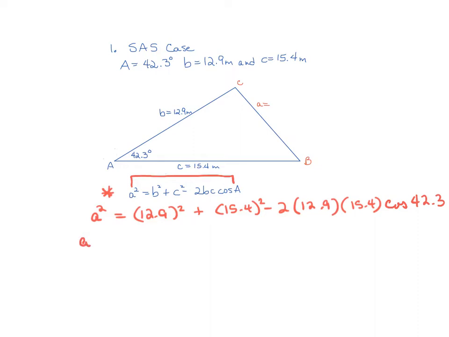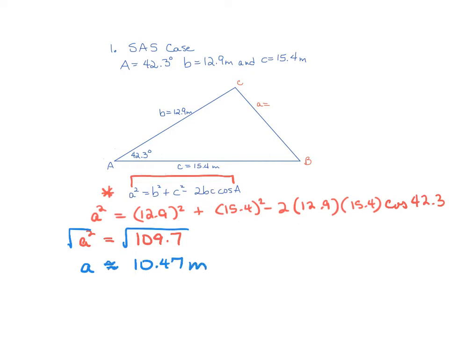I would get a squared equals 12.9 squared plus 15.4 squared minus 2 times 12.9 times 15.4 times the cosine of 42.3. Once I key that in, I get 109.7. I don't want a squared, I want only a. So when I square root it, I get 10.47 meters.